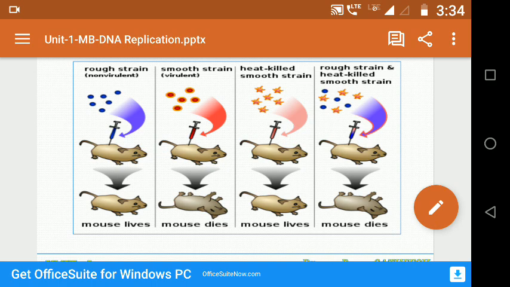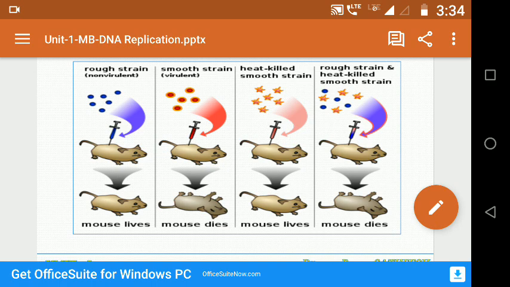In that way, they found out that nucleic acids are the principal molecules which carry the genetic information. That genetic information from the heat killed smooth strain was transferred to the rough strain.